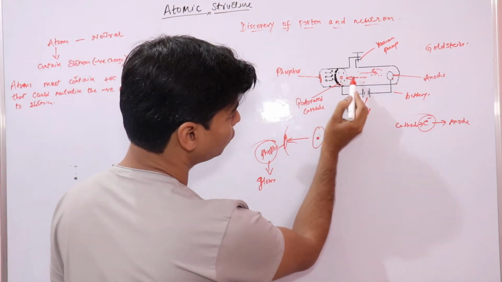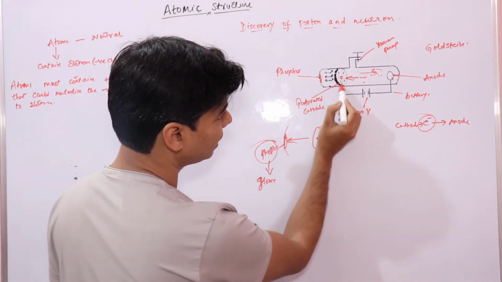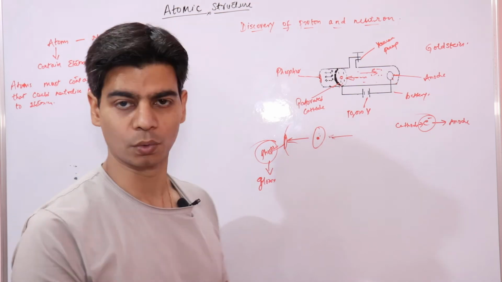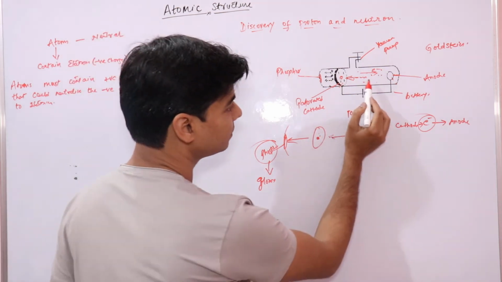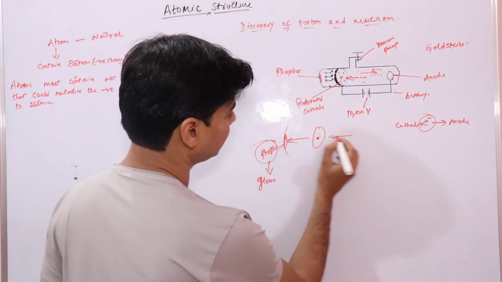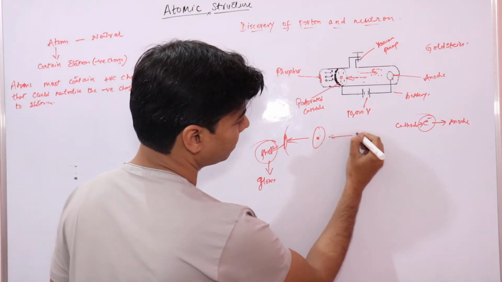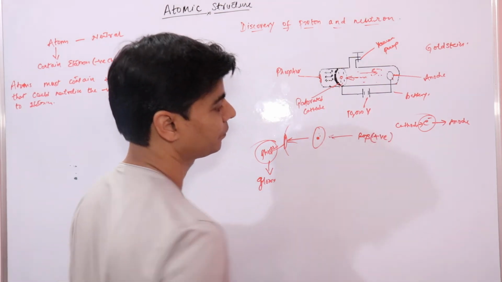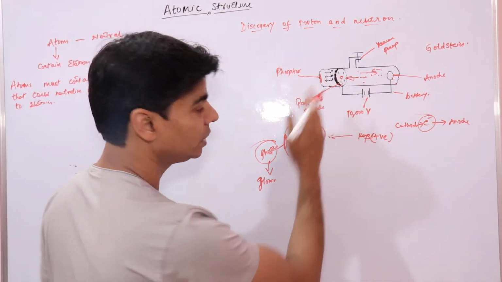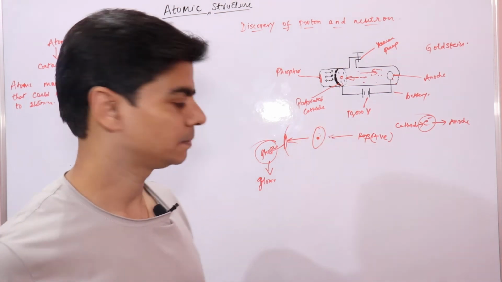If they are passing through this hole, that means these rays are getting attracted by the material of the cathode. And cathode we know is a negatively charged electrode, so these rays must be positively charged, due to which they are moving towards the negatively charged electrode, right?